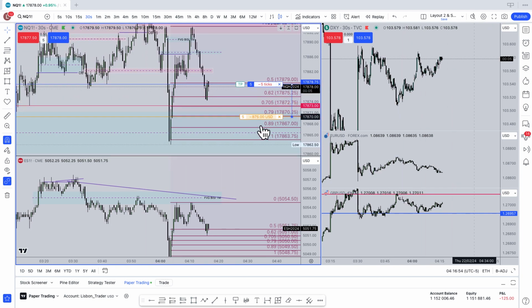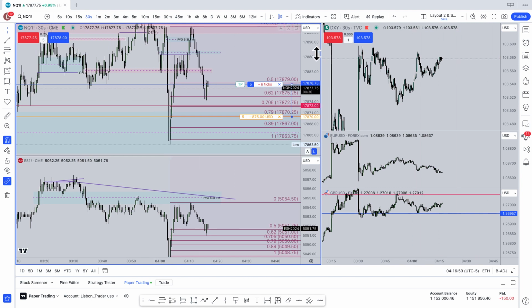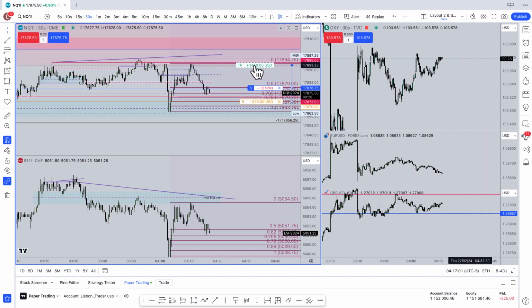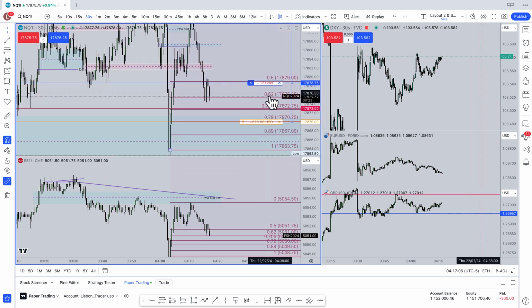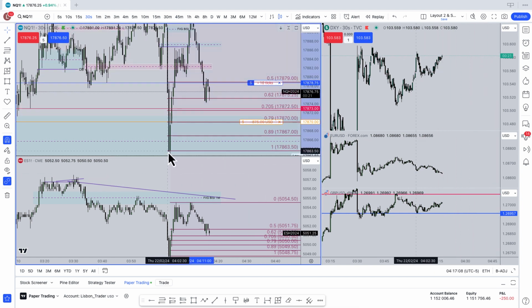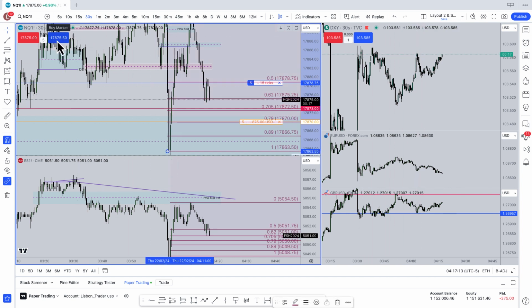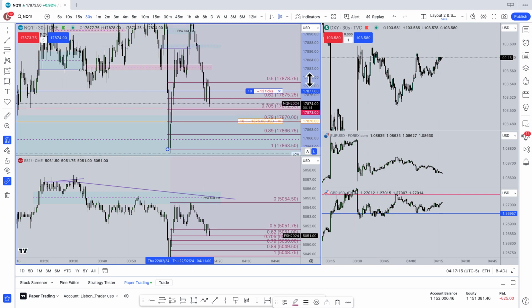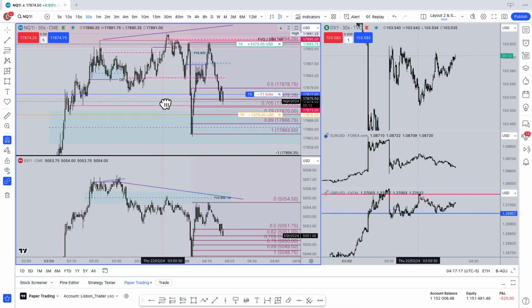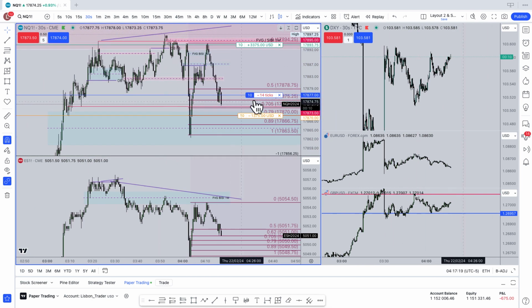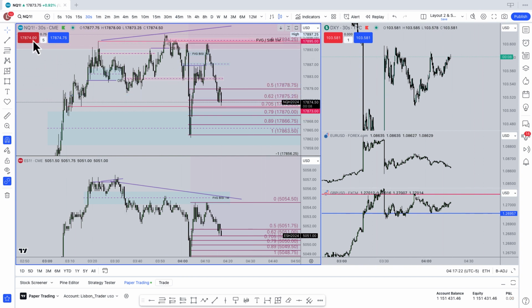Last attempt, which is this OT for moving higher. No, it's not cooperating. This is bound to go lower now, I think.